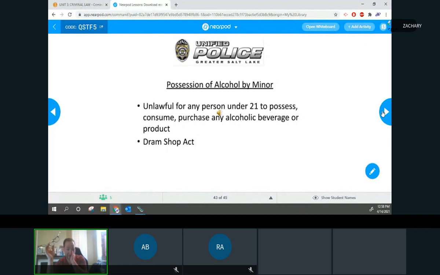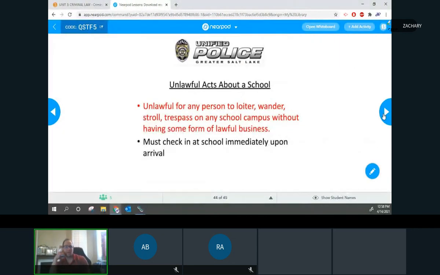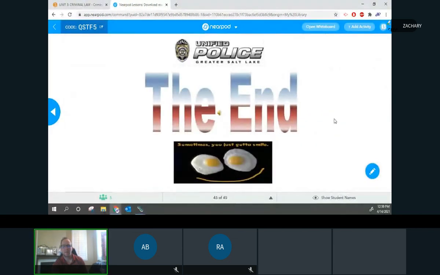That is against the law. Okay, the next one is unlawful acts about a school. Loitering, so a person that's staying there, wandering, strolling, or trespassing on a school campus without any lawful business of being there is prohibited. And that leads us to the end of today.